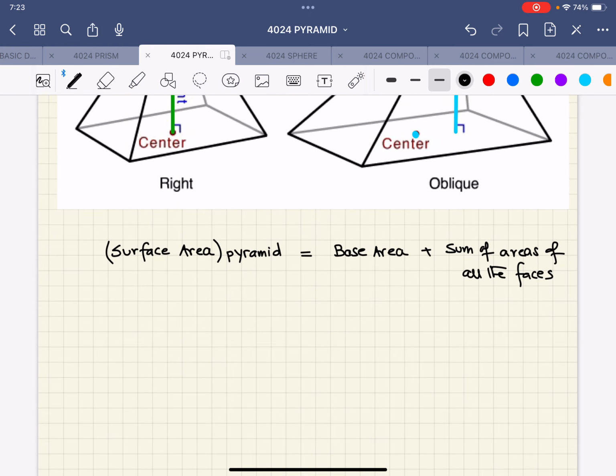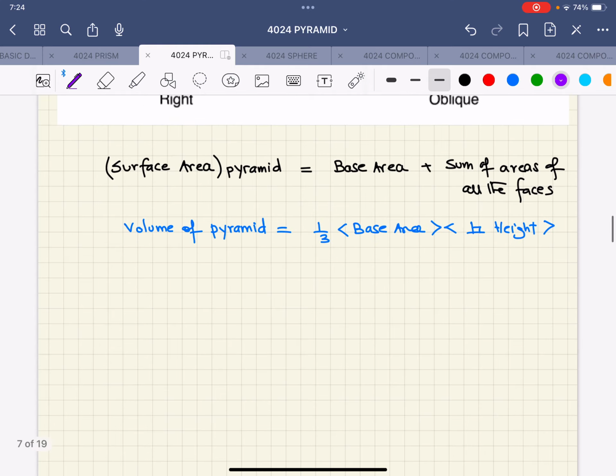What about the volume of the pyramid? I'm saying prism twice because that is something in my head. When we talk about the volume of a pyramid, that is 1/3 multiplied by the base area multiplied by the perpendicular height. Now, why am I deliberately calling it a prism?